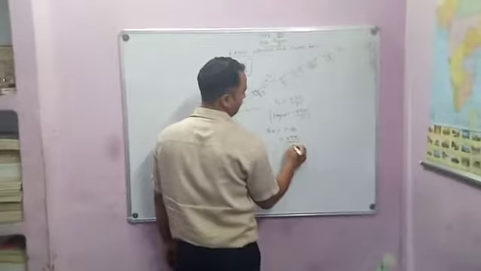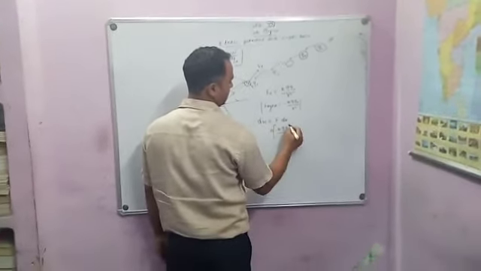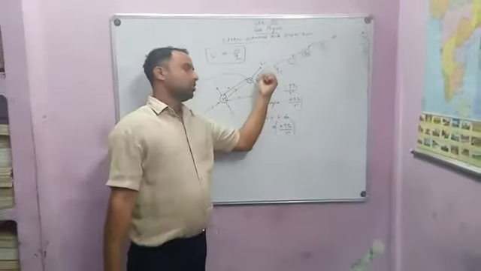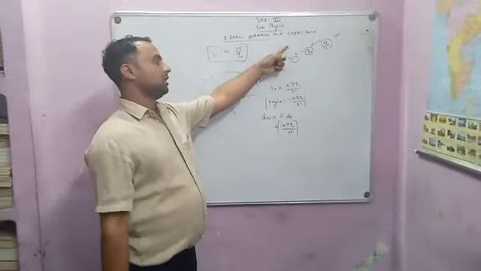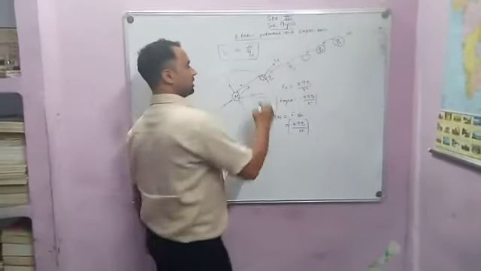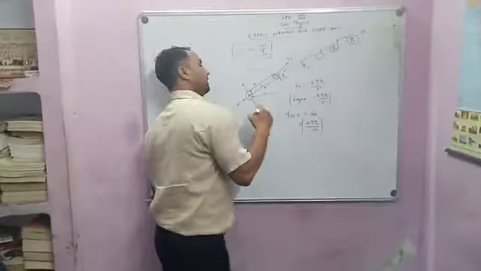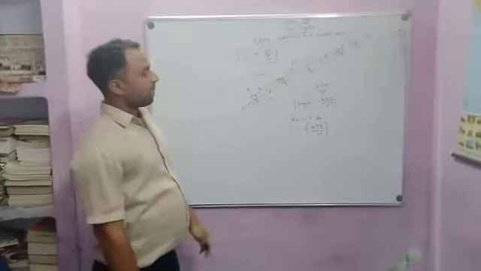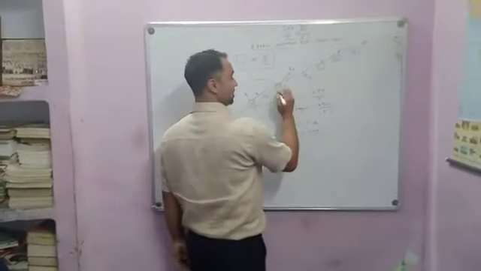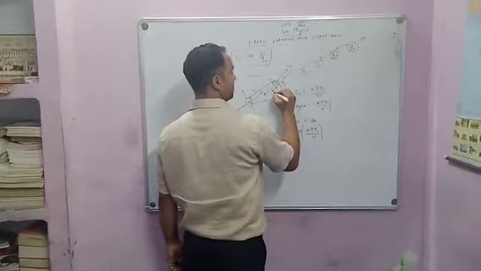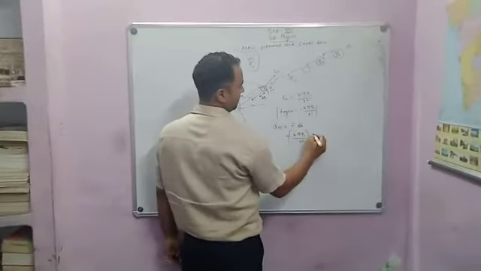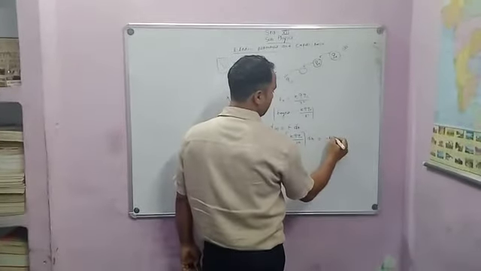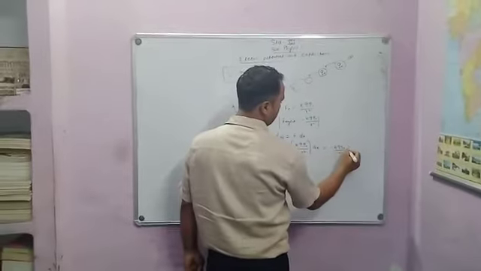It is Q naught divided by x square, with a minus sign, because the electrostatic force acts in one direction and the agent force acts in the opposite direction, opposing the electrostatic force. If the test charge is displaced by a very small distance dx, the work is minus Q naught divided by x square, times dx.